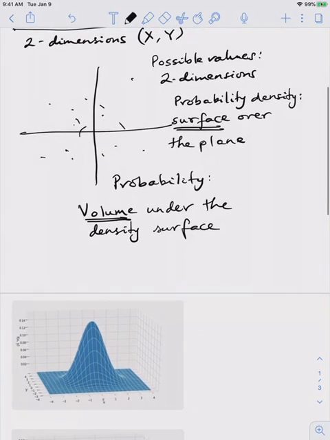Here's one. This is a classic. The density stretches, the possible values are the entire plane, and x is centered at 0, and y is also centered at 0. And you have the classic bell-shaped distribution.